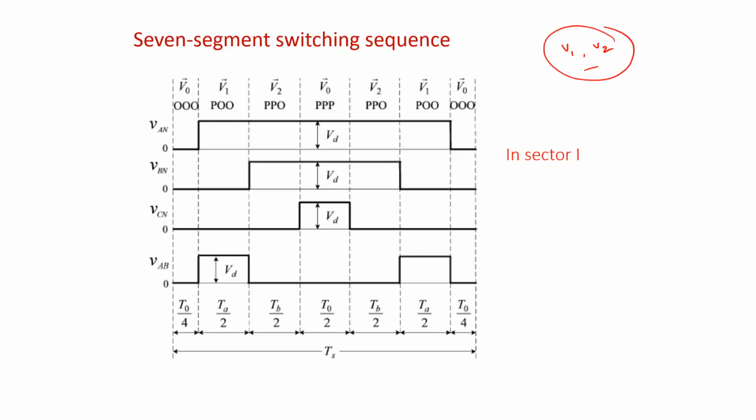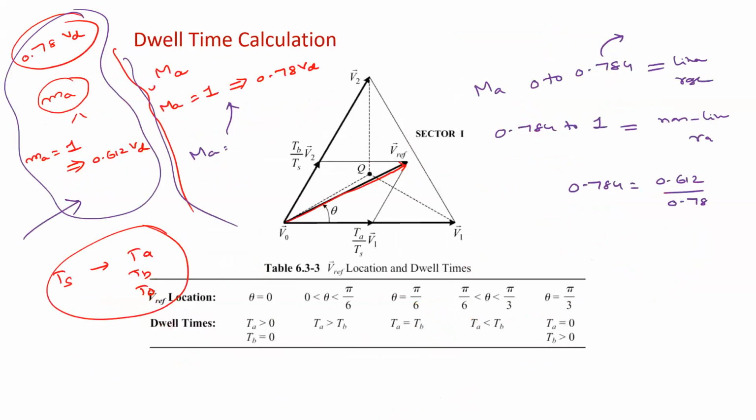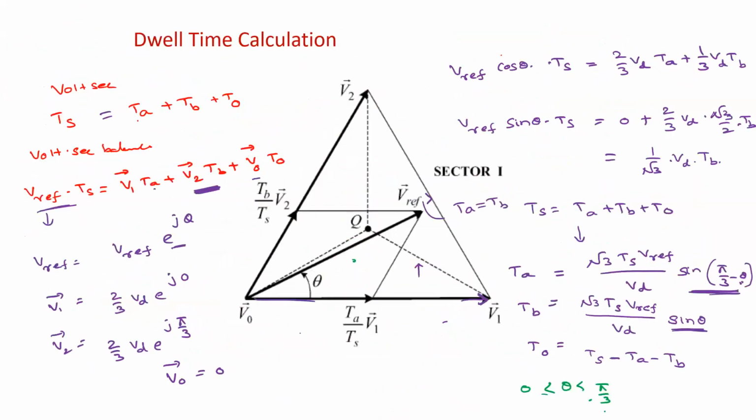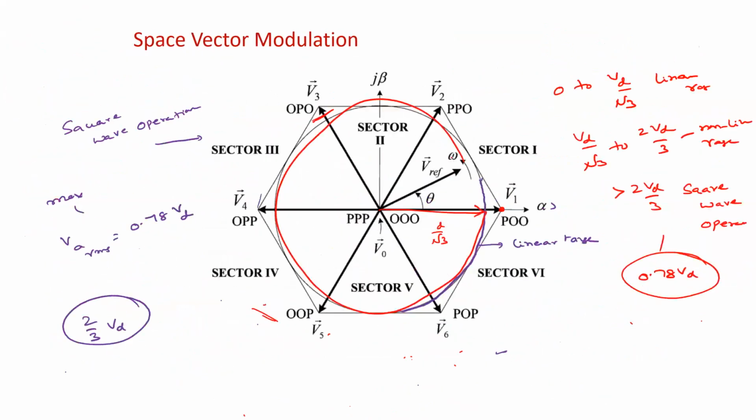And the second one is when the reference vector is moving from one sector to another sector. For example, when V reference moves from sector 1 to sector 2, there will be no change in the switching states.